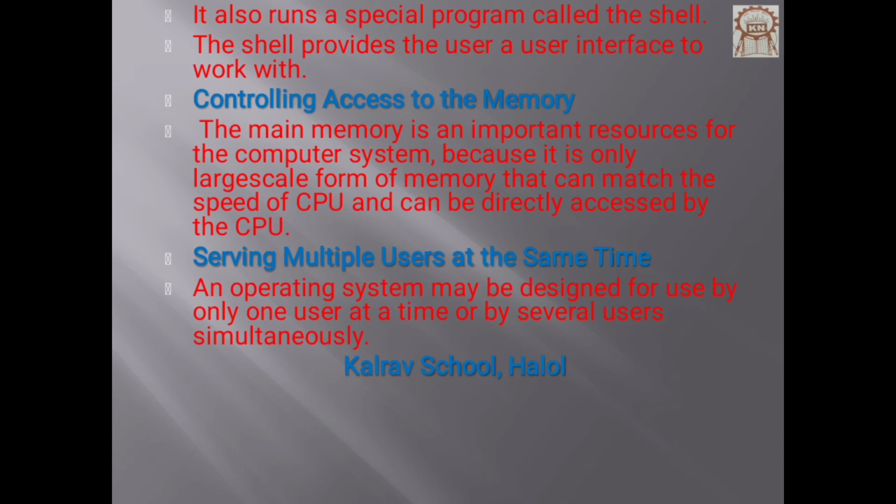Any program to be run must be loaded into main memory, and any non-trivial data set to be manipulated must also be in main memory for the manipulation to occur. Hence, it is very important that this resource be used well.